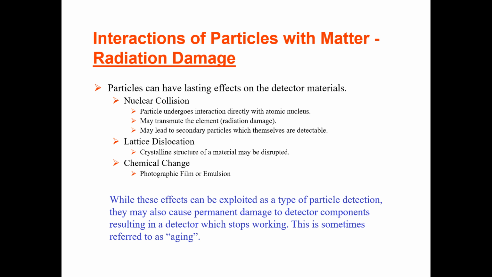While these effects can be exploited as a type of particle detection, they may also cause permanent damage to the detector component, which in other words can result in the detector no longer working. This is referred to as aging. When we have a detector with which we want to detect particles, we make the particle interact with the detector's material.